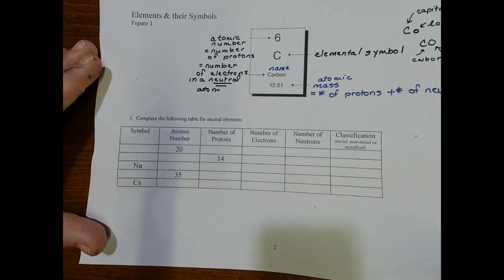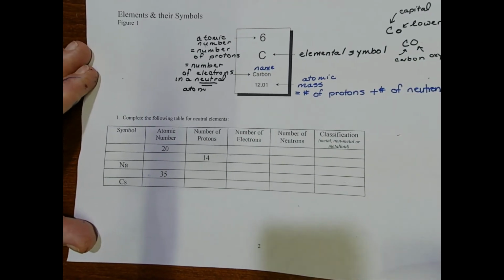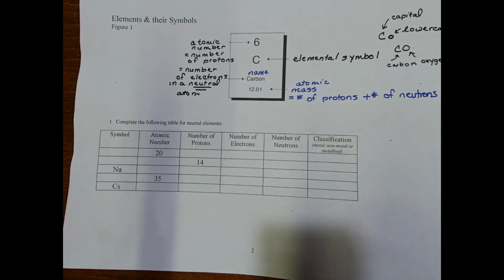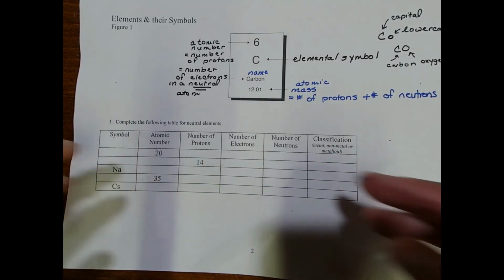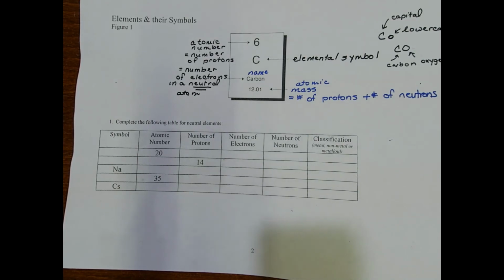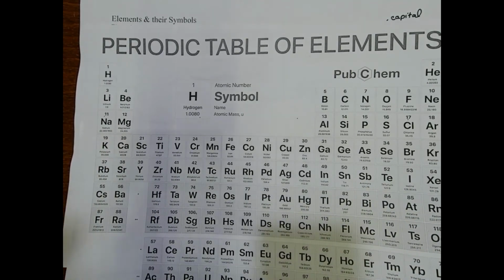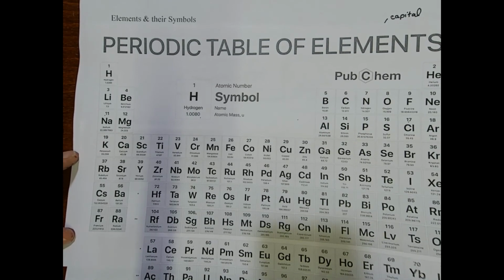So one of the expectations early on in any chemistry course is that you can fill out a table like this. So you're going to want to have a printout of the periodic table, and I recommend the PubChem one, the first version, while you're still learning the names of the elements. Eventually you're going to have to know the element names, but let's start with this one.